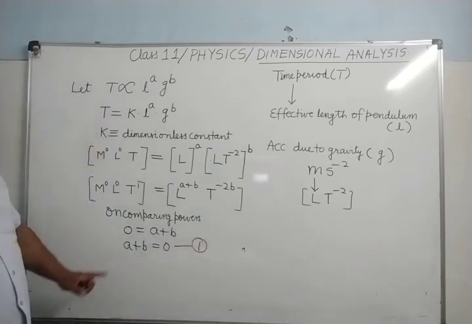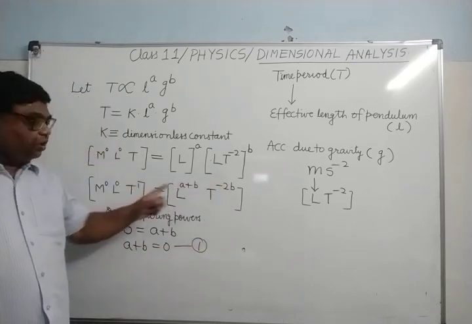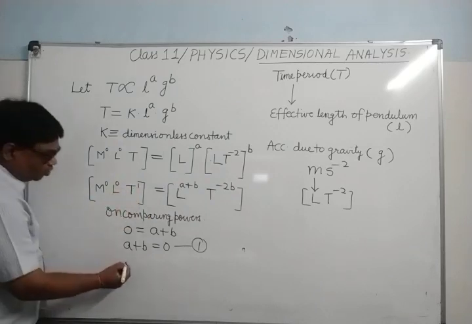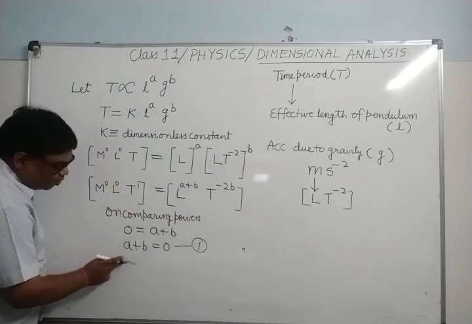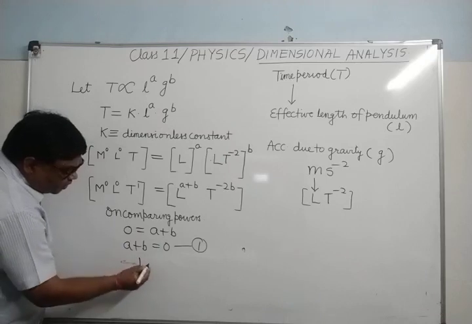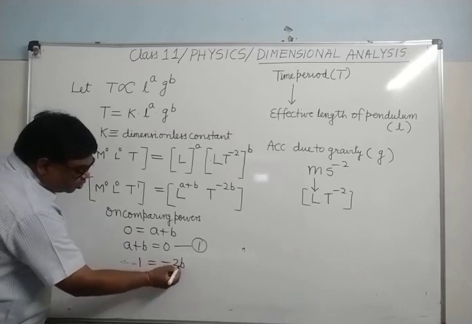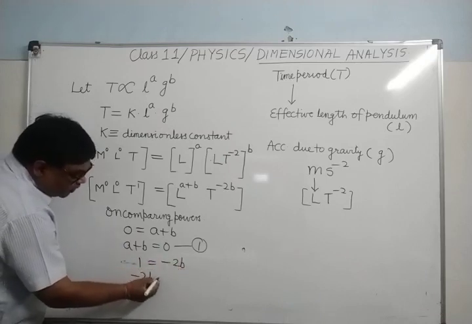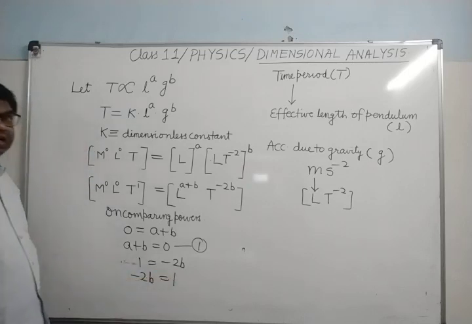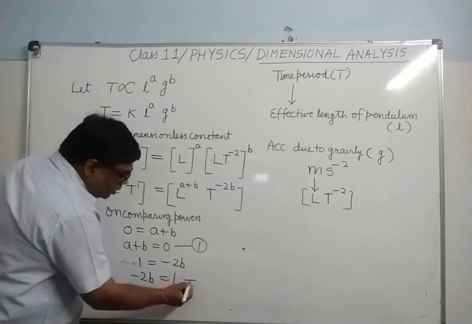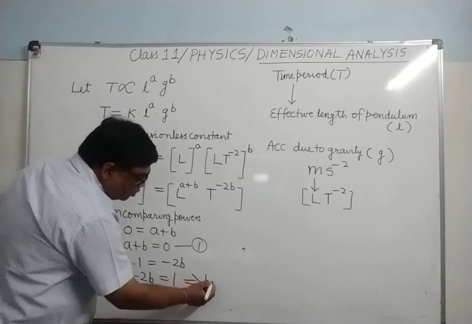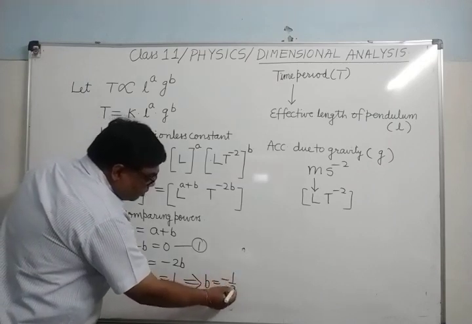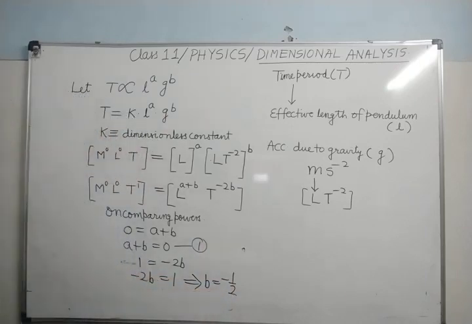Then the power of T on the right is minus 2B and on the left it is 1. So 1 equals minus 2B, that is, minus 2B is equal to 1. From here you get B equals minus 1 upon 2.